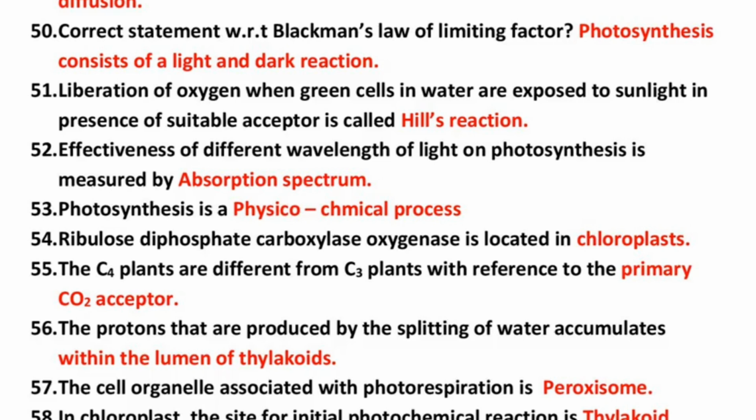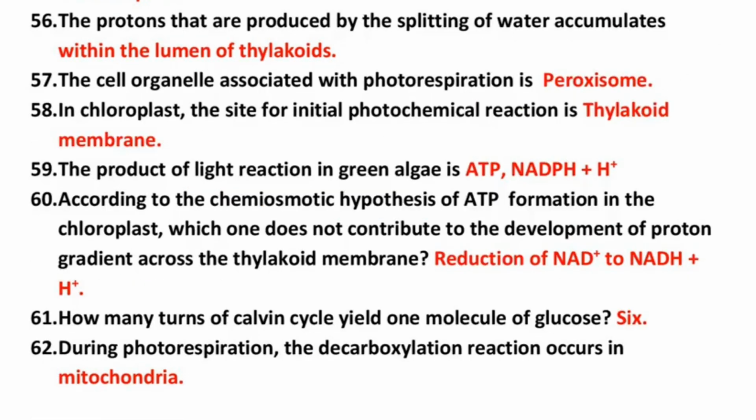Question number 57. The cell organelle associated with photorespiration is the peroxisome. Question number 58. In chloroplast, the site for the initial photochemical reaction is the thylakoid membrane. Question number 59. The product of light reaction in green algae is ATP, NADPH plus H plus.